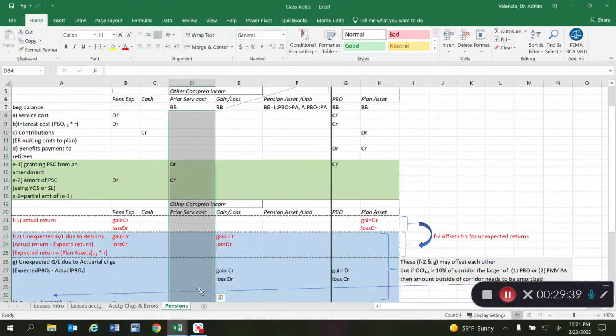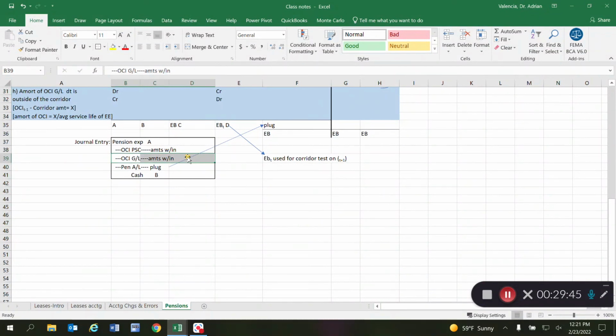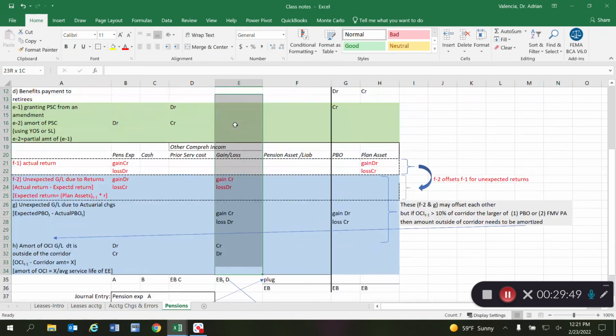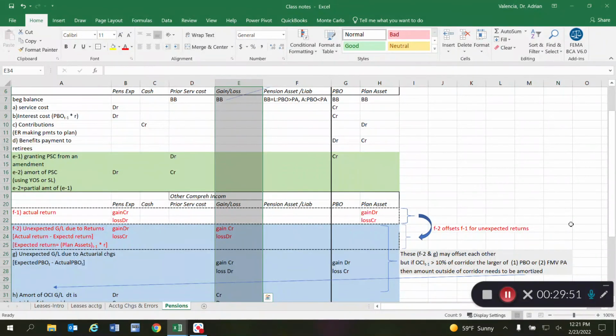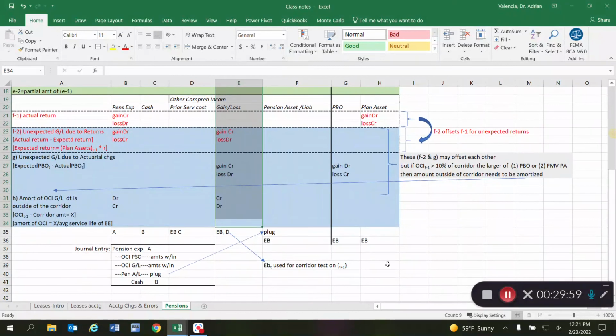Any amounts that you have related to prior service costs, which would be right here. Same thing for OCI gains and losses. Get the amounts within, not the D amount. So I would get all these amounts related to the period, these right here, and that's the amount that would go into OCI gains and losses. So you just get one value out of this.